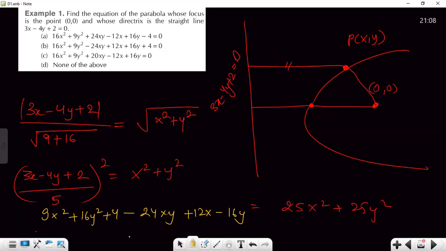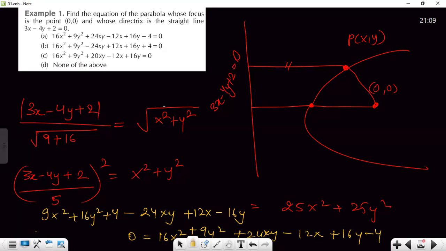Now let's bring everything to the right hand side. So 25x square minus 9x square is 16x square, plus 25y square minus 16y square is 9y square. Then everything becomes, signs change, 12x plus 16y minus 4.